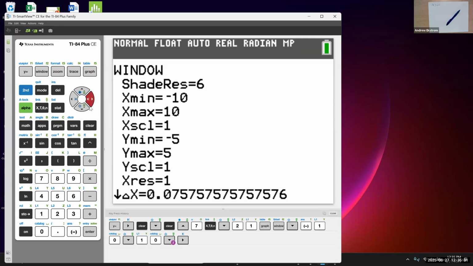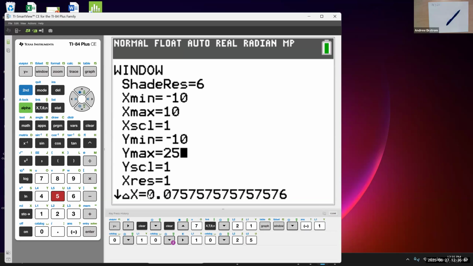Y min, this would be negative 10. And Y max, because we're looking at 21 here, if I put plus 10, it's not going to help. If I put 15 or 20, it's still not going to help. So let's go with 25.